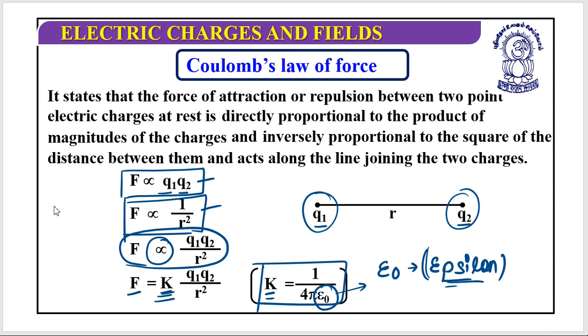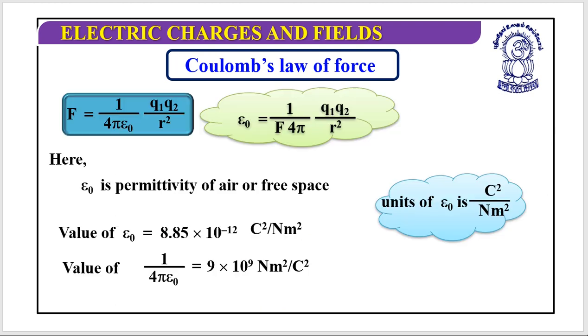Let's look at what epsilon means. We have learned that F is equal to k into q1 q2 by r squared. Now we have replaced k with 1 upon 4 pi epsilon naught. So my final result is F is equal to 1 upon 4 pi epsilon naught multiplied by q1 into q2 divided by r squared.